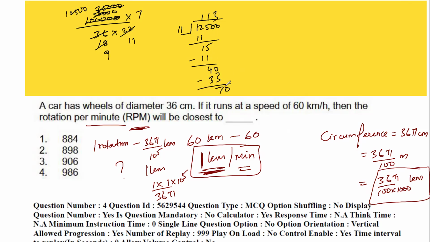I think I made a mistake out here. 11 sixes are 66, 40, 11 threes, no, it is 136.3, into 1 by 9. 1 by 9 is 0.111, right? So that 0.111 times 7 is 0.777.